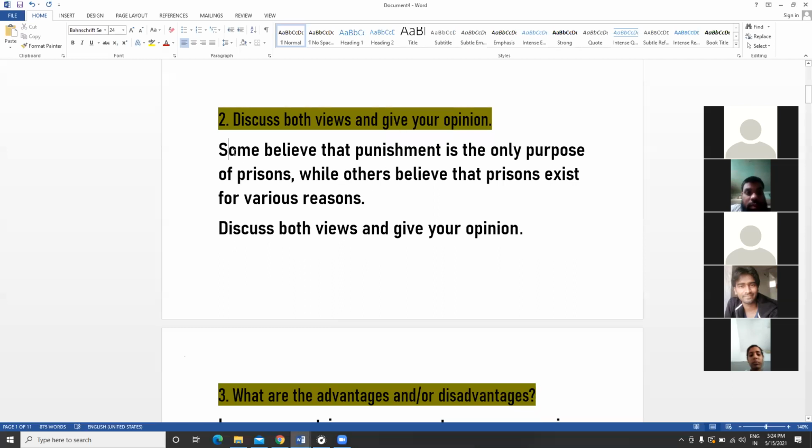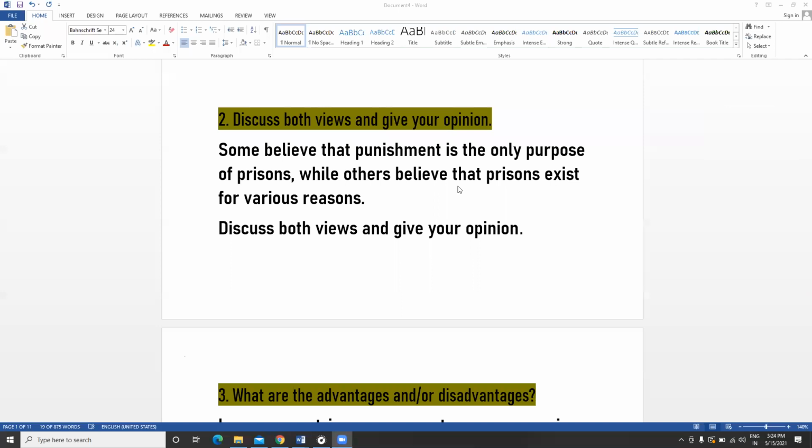See this question. Some people believe that punishment is the only purpose of prisons, while others believe that prisons exist for various reasons. In these kinds of essays, you need to make sure that you present both opinions, side 1 and side 2.